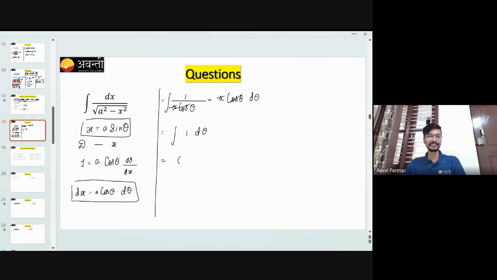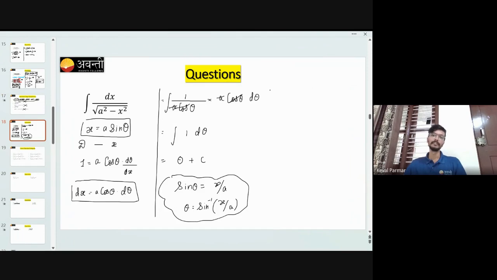Integration of 1 is theta plus c. But as you know, we need to resubstitute. So here, from this, I can say that sine theta is equal to x upon a. That means I can write theta is equal to sine inverse of x upon a. Very simple.